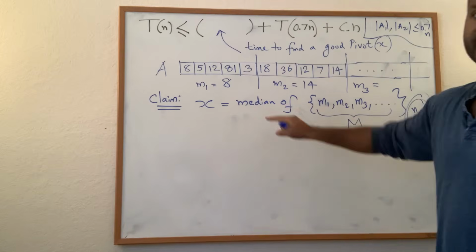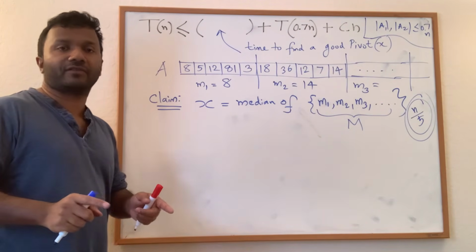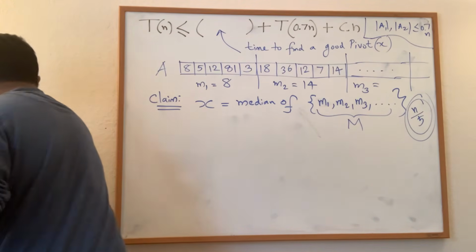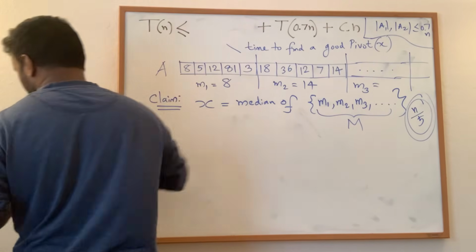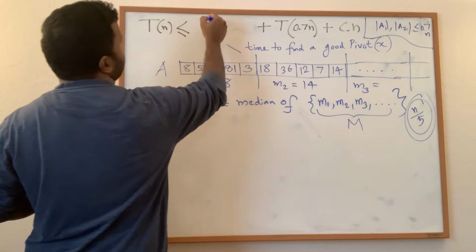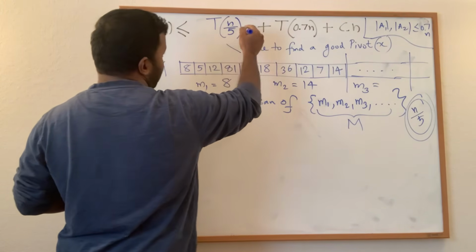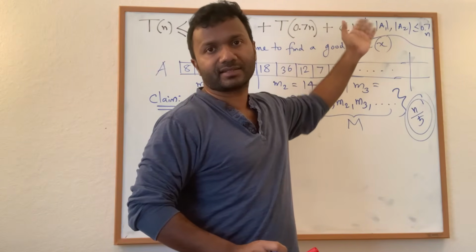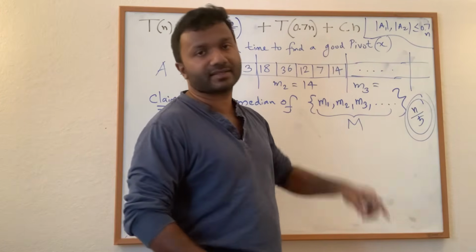Therefore, this step can be done in T of n over 5 plus big O of n. So that big O of n I will push to the last Cn. All of this big O of n I will put together and write it as Cn.